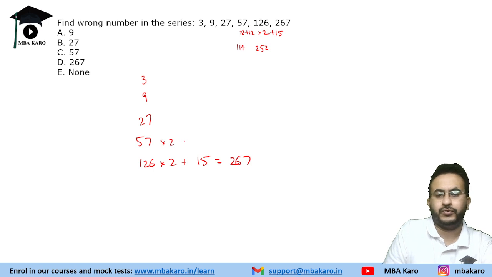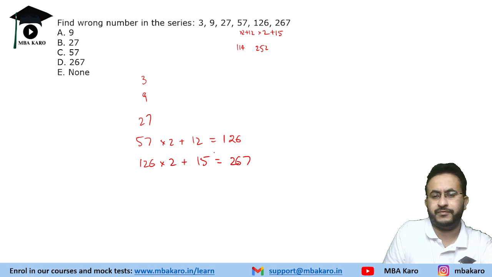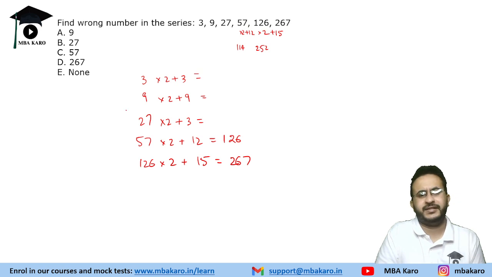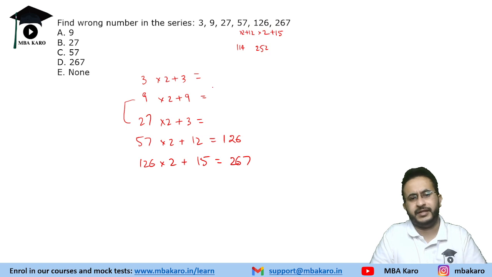Into 2 plus 12. 4 plus 12, 126. Into 2 plus 3. Now this is also becoming into 2 plus 3, into 2 plus 9. So this pattern is not matching. 9 and 27, the pattern is not matching. So one of them should be incorrect.